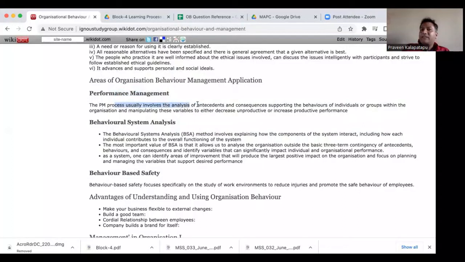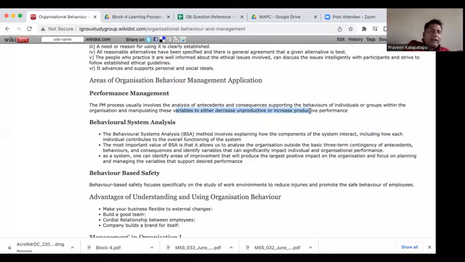It is a process which involves, first of all, analyzing what the precursors are and what the consequences of those precursors are. You analyze it, and then you put variables in place to decrease the unproductive or increase the productive parts. So you're enhancing the productivity of an employee.